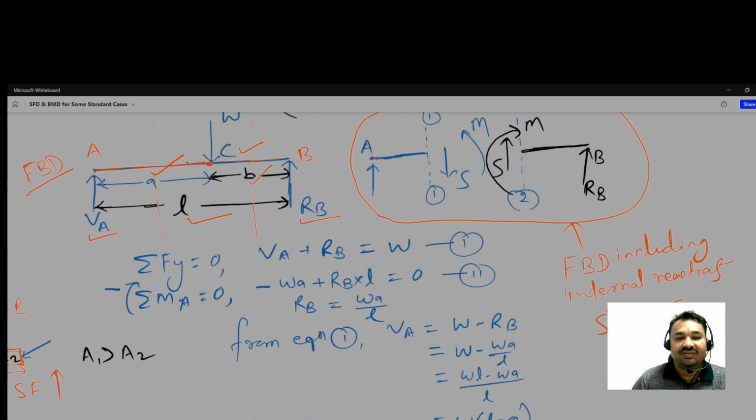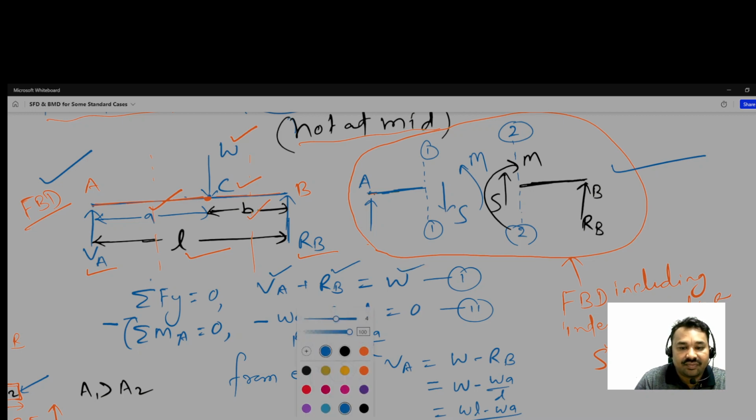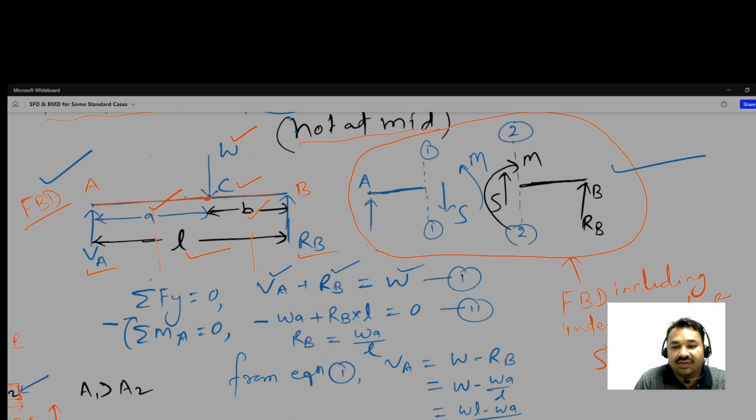On the calculations, what we have to do is simply from this free body diagram, if you want to get the support reactions, without cutting the section, the simple free body diagram like we used to do, we get by satisfying the equilibrium conditions: summation of Fy is equal to 0, summation of moment about A is 0. Then VA plus RB is equal to W, so this is our first equation.